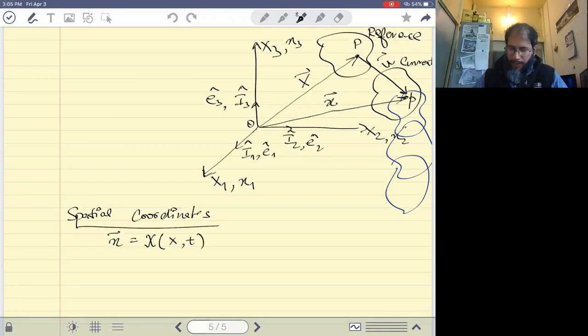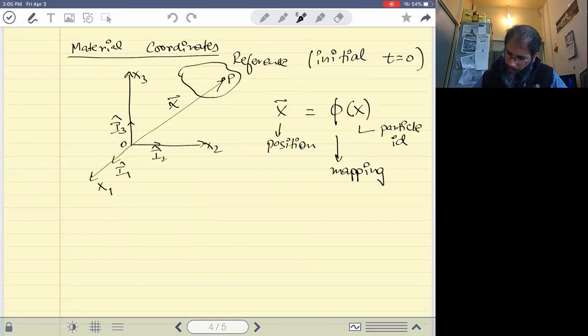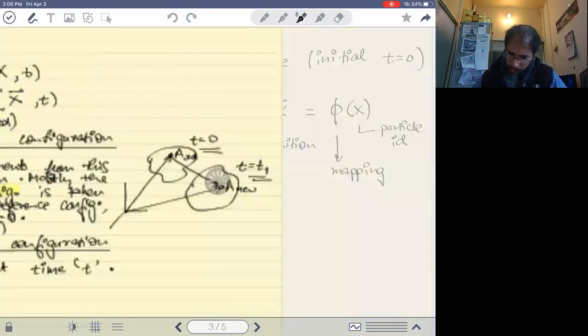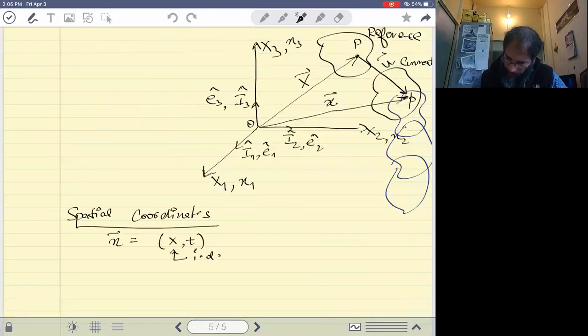Okay, now remember that this capital X was the ID. So we have to define a new symbol, kappa.